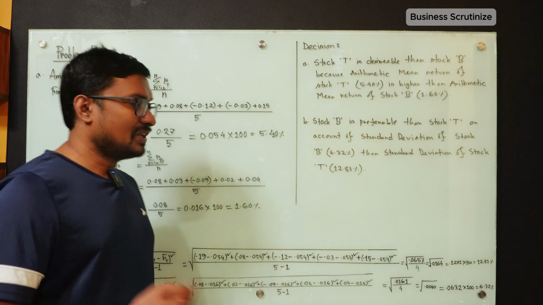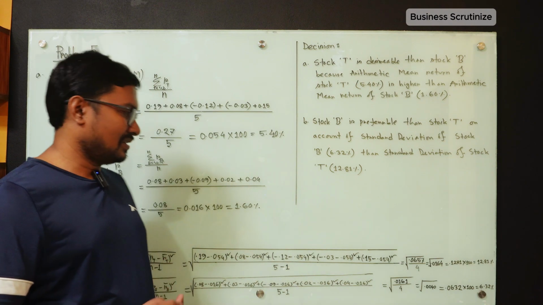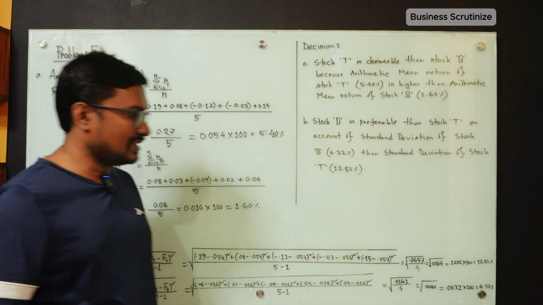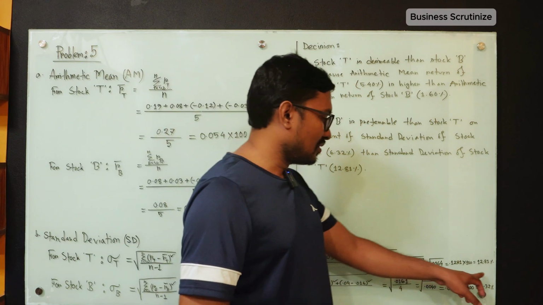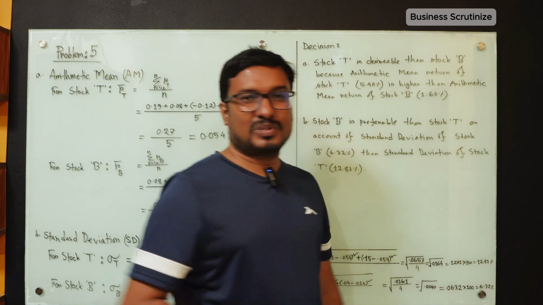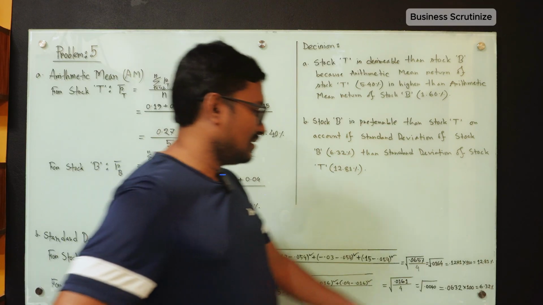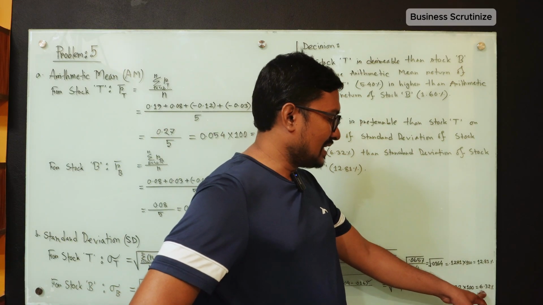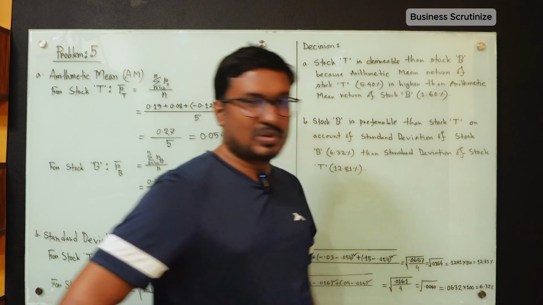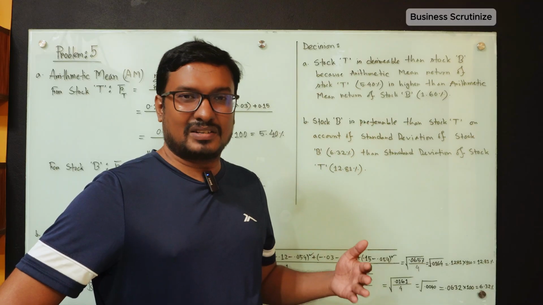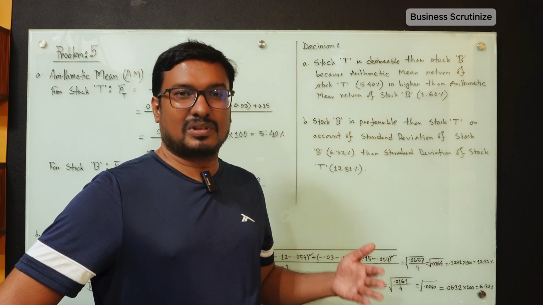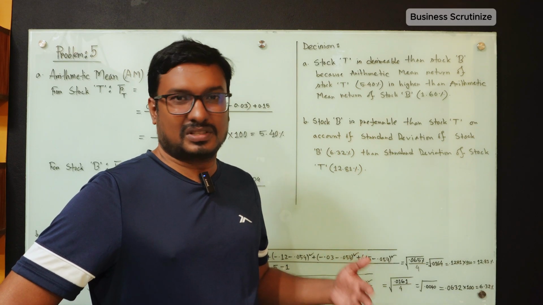So if we want to make a decision after computation, then we can see that stock T has 12.81% as the risk or the standard deviation or the sigma value, and for stock B it is 6.32%. Higher standard deviation is not acceptable or desirable.